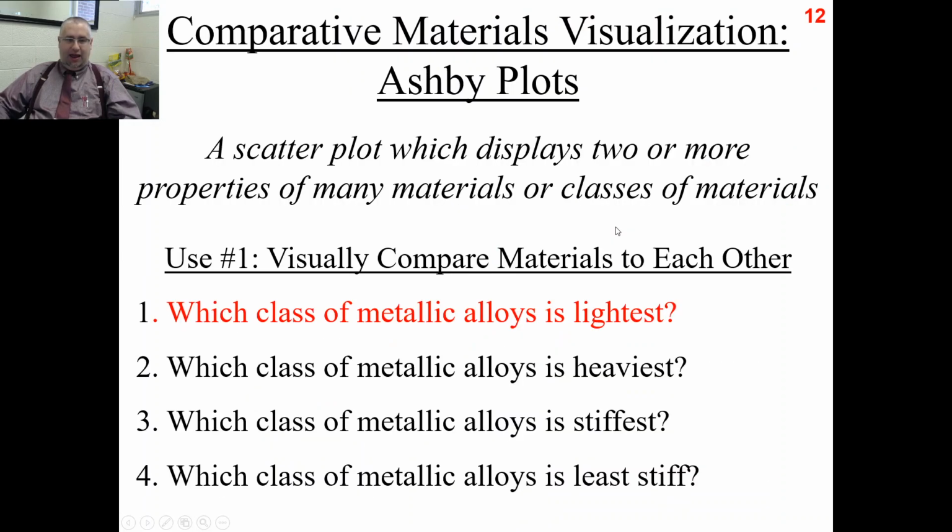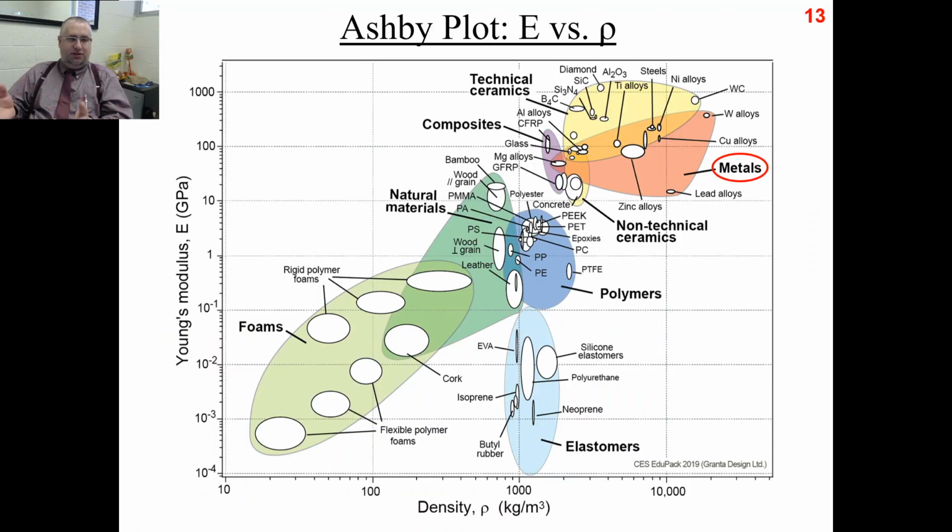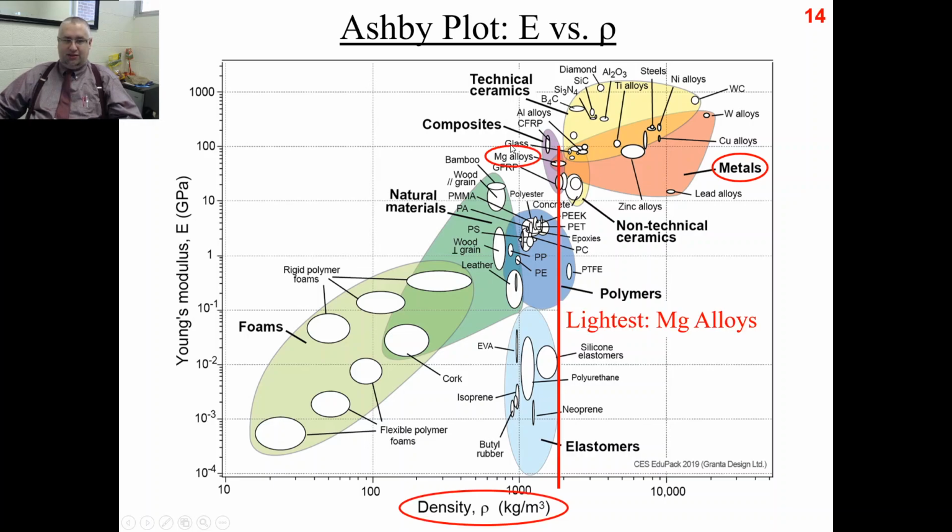I'm looking for the lightest alloy, which means if I have a fixed volume of material, the material with the lowest density is the lightest. So I'm going to look on the x-axis, which is the density, as far to the left as I possibly can within metals, and it looks like magnesium alloys is going to be a good candidate.